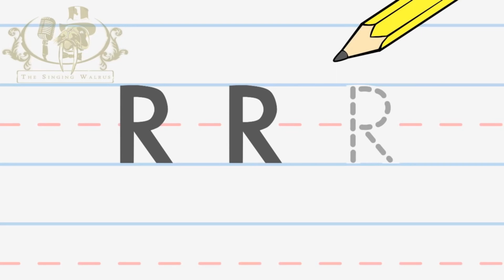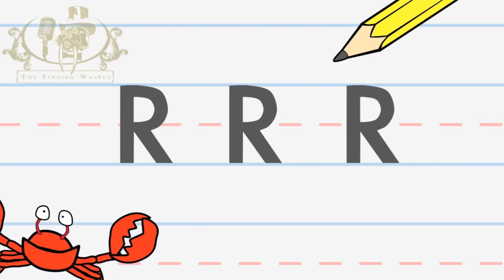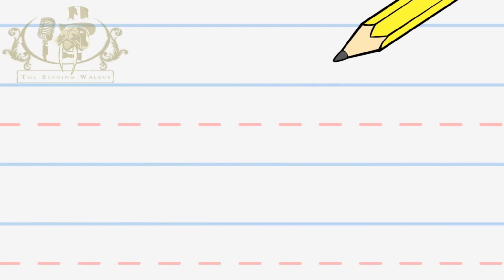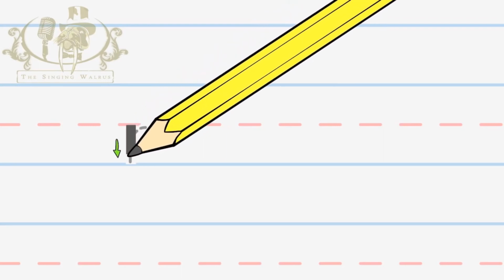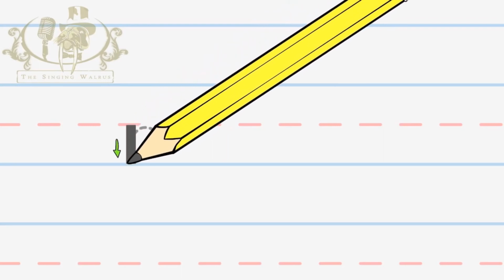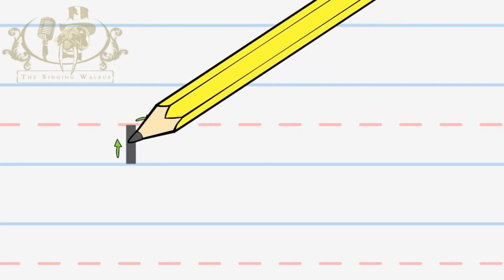Now, check if you did it right. Great job! Now we're going to write the lowercase r. That's the small r. Start in the middle and make a line down. Then, go up and around to the right.